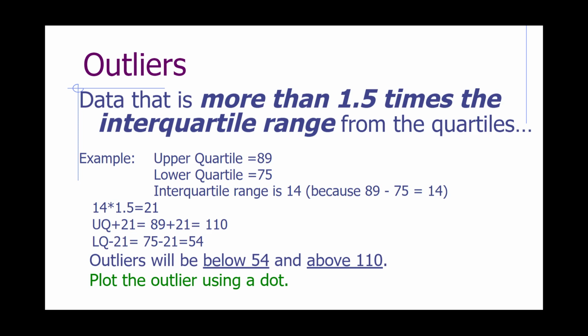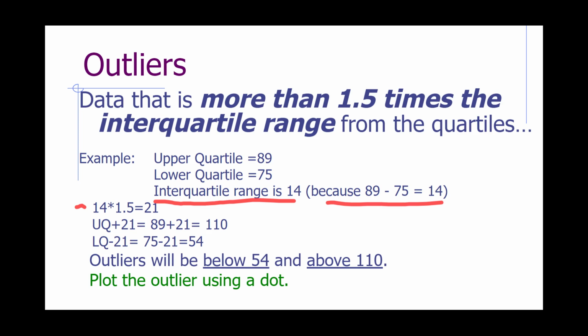My upper quartile is 89, and my lower quartile is 75. We figured out on my last slide that my interquartile range is 14. So I'm going to take 14 and multiply it by 1.5, and I end up with 21.